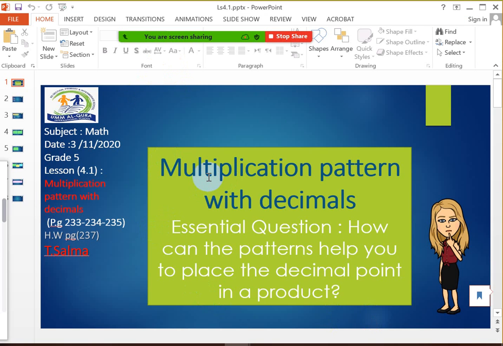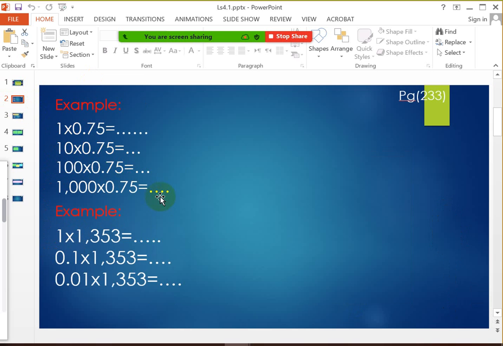So today we will multiply decimals with a pattern, okay? So how can the pattern help you to place the decimal point in a product? So let's start with the first example, okay?